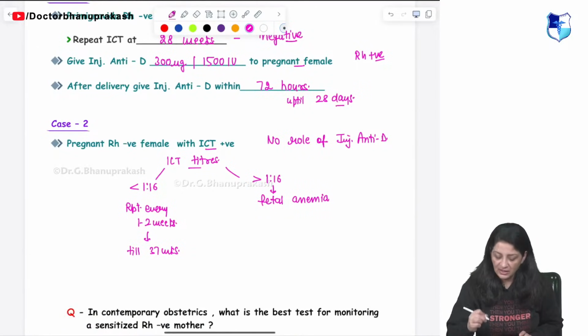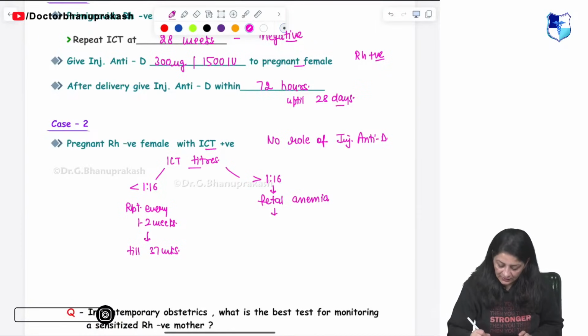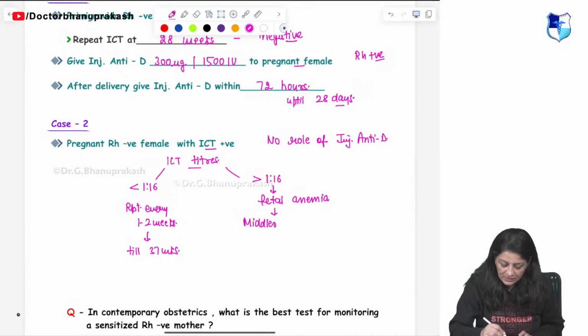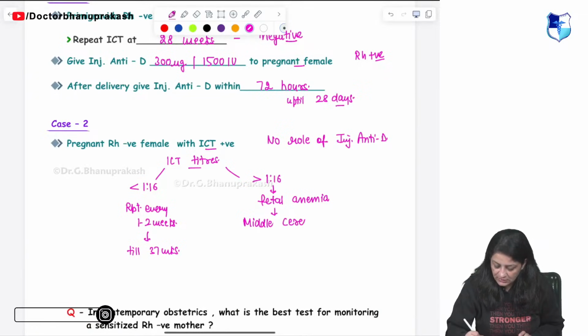To check fetal anemia, there is a non-invasive test, that is middle cerebral artery Doppler.